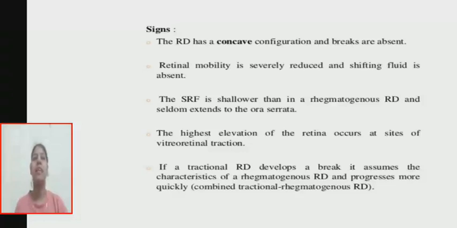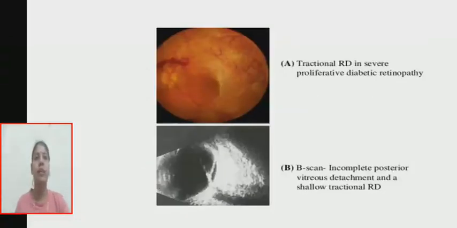Combined tractional and rhegmatogenous retinal detachment. Now, picture A, we can see tractional retinal detachment in severe proliferative diabetic retinopathy, and in B, a scan shows incomplete posterior vitreous detachment and a shallow tractional retinal detachment.